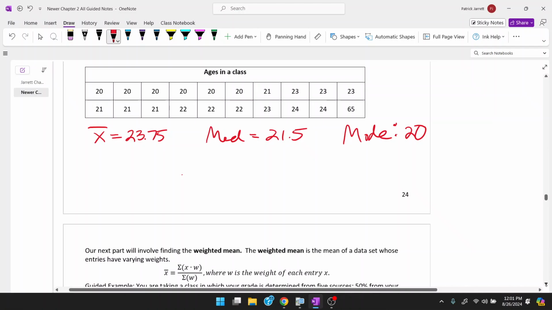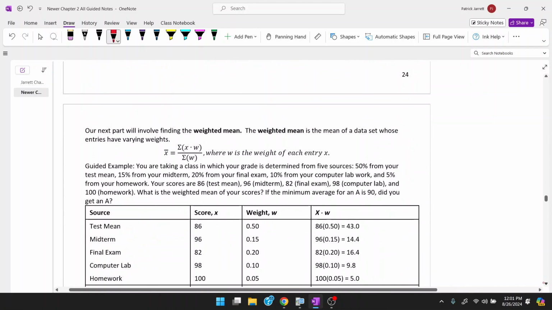Now, the purpose of weighted means are mainly 2 reasons. Number 1, you can actually use weighted means to figure out your grade in a course. Now, basically, when I tell people to make a formula sheet or whatever, some of them will just blindly write formulas and hope for the best.